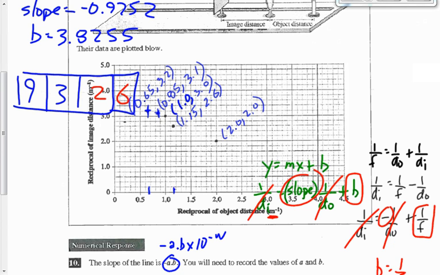Be able to, A, figure out what the slope and the y-intercept are, and B, be able to do what you need to do with them to get what you need. We didn't want the y-intercept ultimately here. We wanted the focal length. We got it from the y-intercept. Make sense?